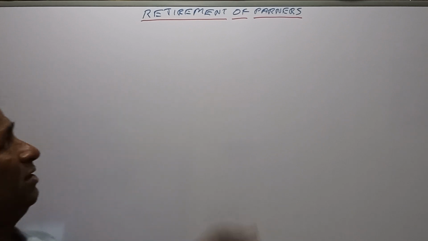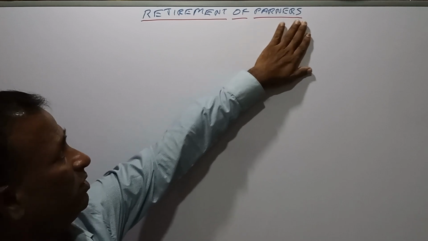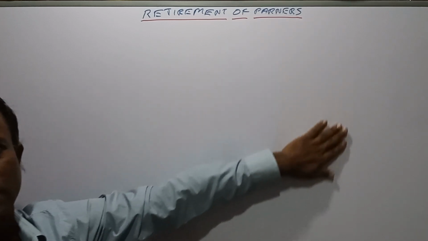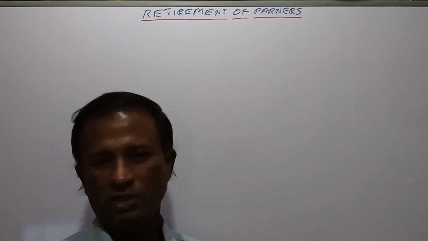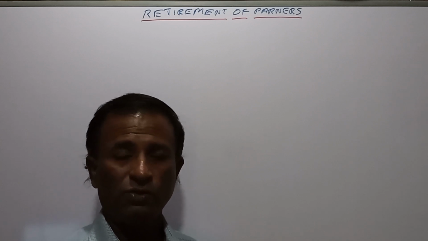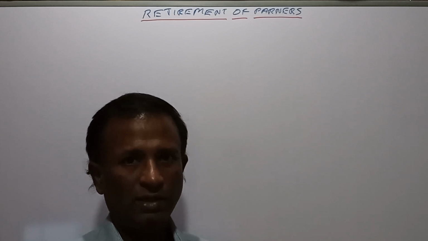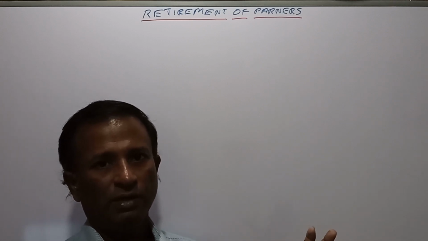In today's lesson, we are going to learn about retirement of partners, right? Earlier we have seen admission of partners, where we admit a new partner into the partnership. Here we are going to see the retirement.